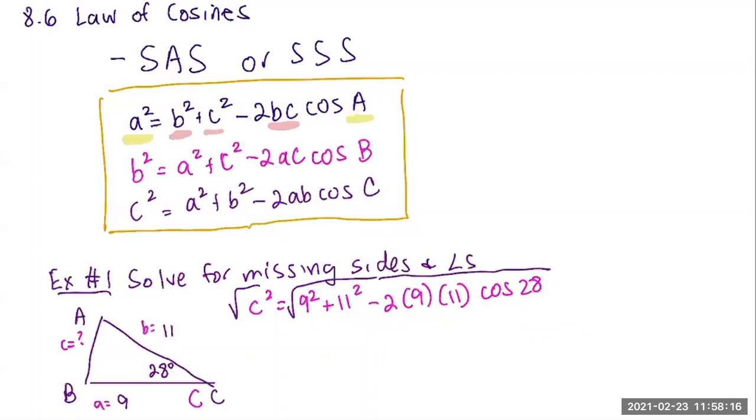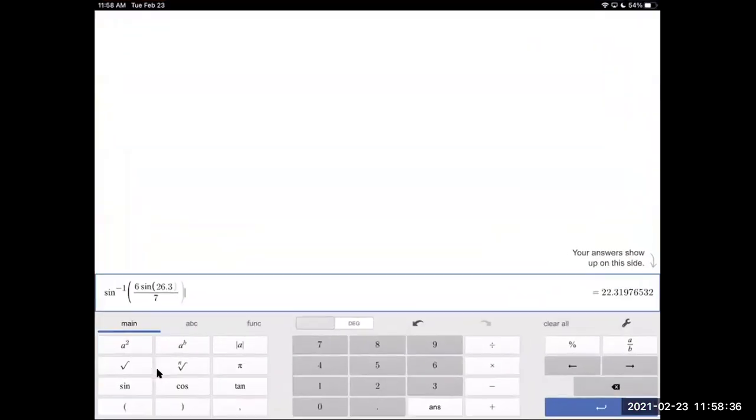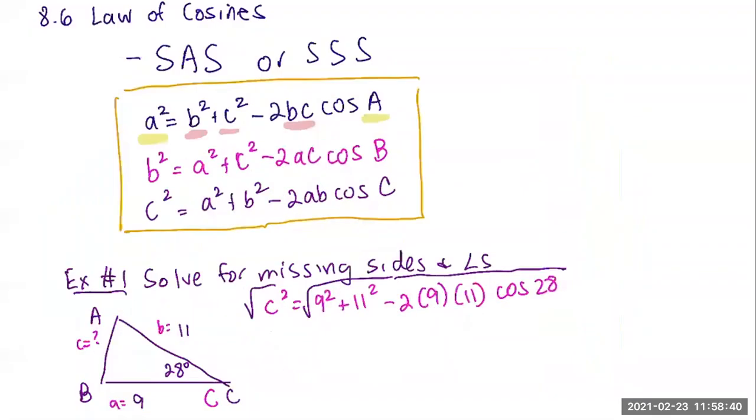All right, everybody should have their calculator open. And everybody should try to enter that in as one giant expression and not do it as a separate step. So I'm going to exit this and go into Desmos Calculator. Oh, you're still writing it down? Okay, I'll leave it a minute here.